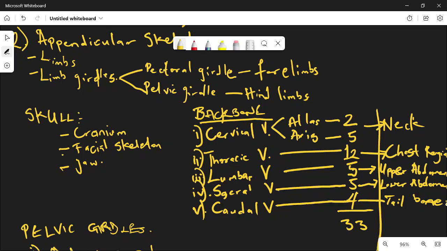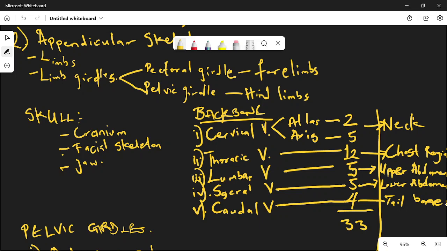So we have the cervical vertebrae, which is found in the neck region of our backbone. It has two sets of bones, the atlas and the axis. The atlas is 2 in number, and then the axis is 5 in number. Then we have the thoracic vertebrae, which has 12 bones.